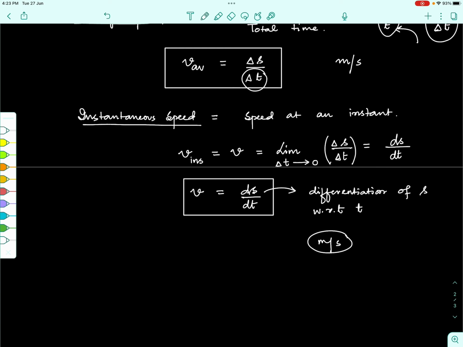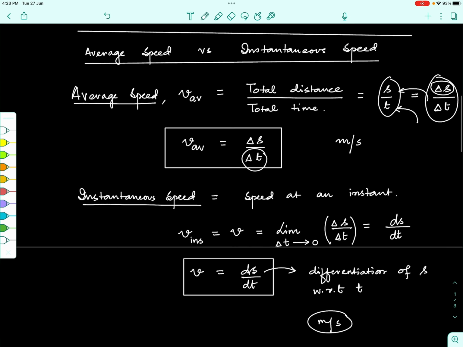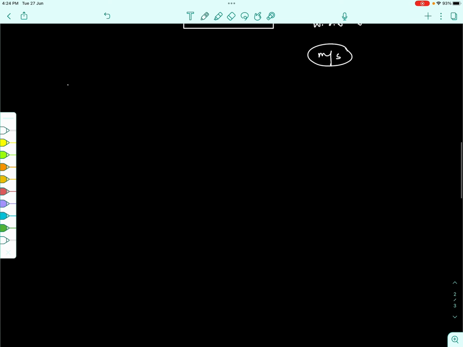Okay. So, once we have understood this, the same definitions go for average velocity and instantaneous velocity as well. The way we have defined velocity, now we can talk about average and instantaneous values of velocity.